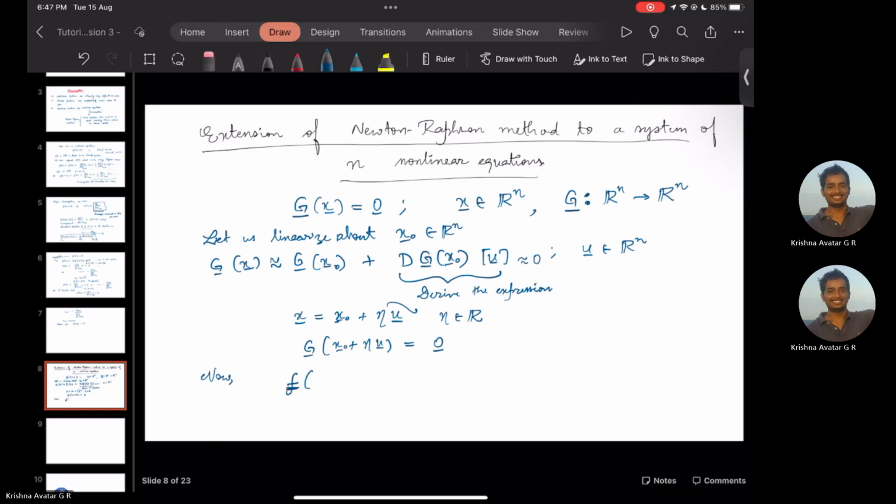So f vector is defined as f of eta is equal to g of x naught plus eta u. Now when eta is equal to 0, it's just g of x naught, right?